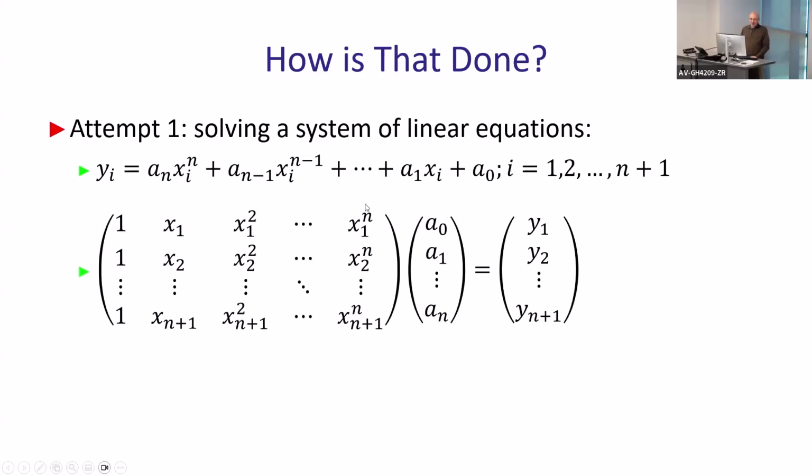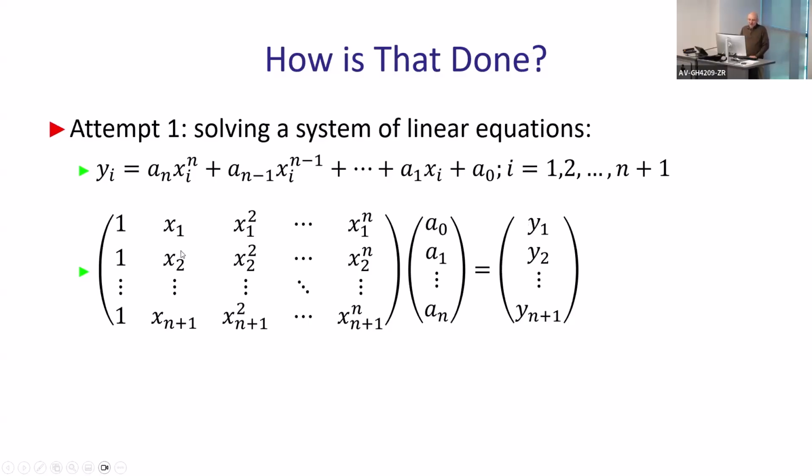So here is how these equations look like in matrix form. So you have 1 times a0, which is that thing, plus x1 times a1, which is that thing, plus so on, until you get to an times x1 to the n, and this is for the first point, and this will be equal to the value of the first point, which is the value of that function at the first point for coordinates x1 and y1.